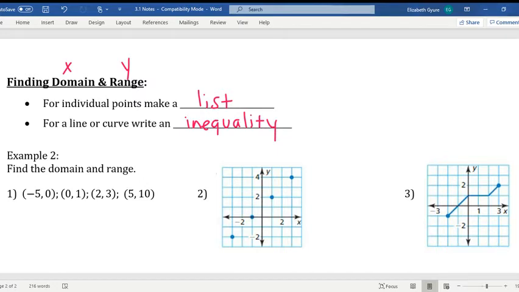If it's one where you need to write a list, it would look something like this. You would say domain, or you could just put a capital D, whichever you prefer, and then use those little squiggly parentheses.